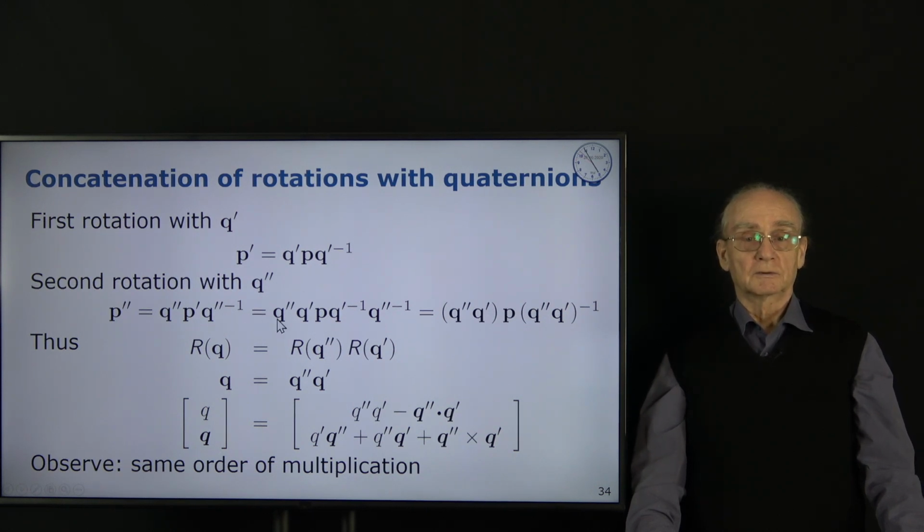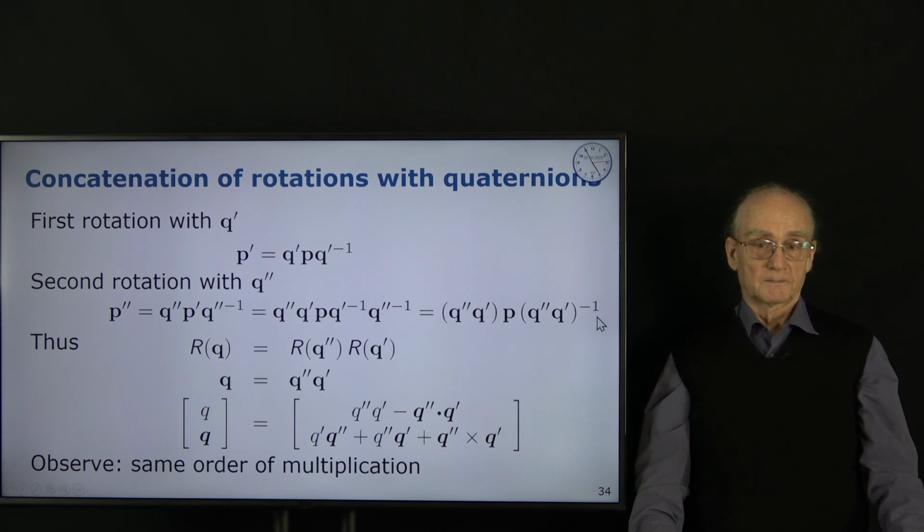And if we plug in this, we get this expression. So we get Q double prime, Q prime, and from the right, we get Q prime minus 1, Q double prime minus 1. And if we take brackets, we get here Q double prime, Q prime, and we can write this expression also as Q prime, Q double prime inverse. Aha, that means the concatenation of the rotation is nothing else than the multiplication of the corresponding quaternions.